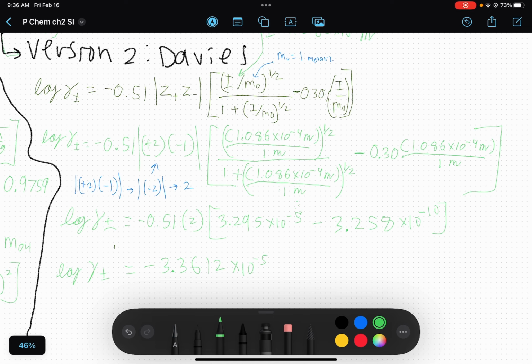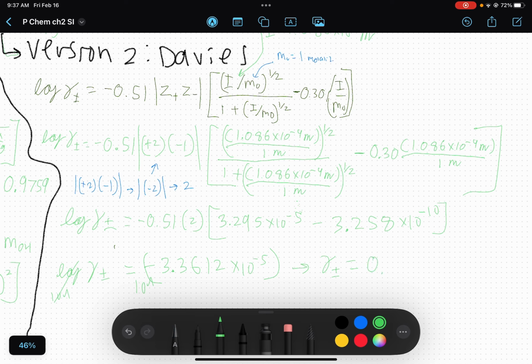So once we have that, we can do the 10 to the power of to get rid of the log. And that gets us gamma plus minus is equal to negative 3.3612 e to the negative 5.